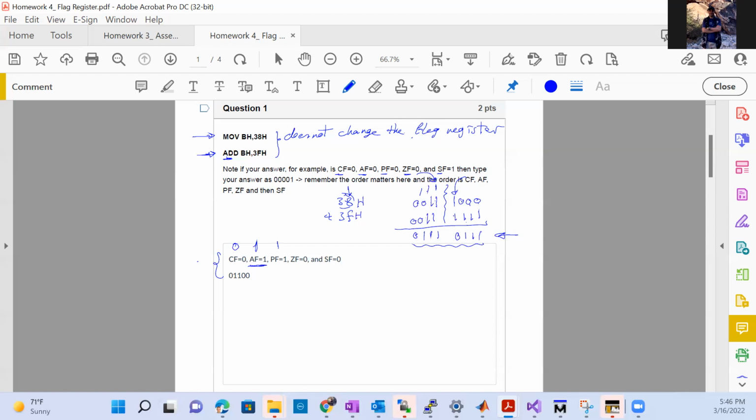The zero flag will be 1 if the output is 0, but clearly this output is not 0, so the zero flag is 0. Again, the zero flag becomes 1 if the result of the arithmetic operation is 0.